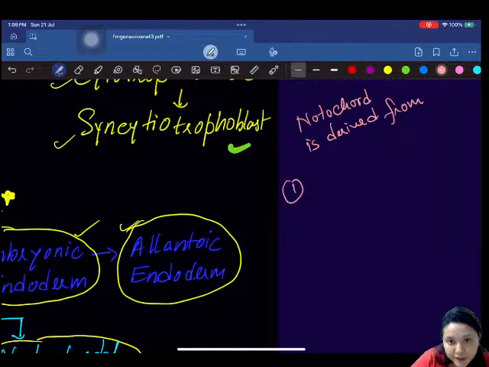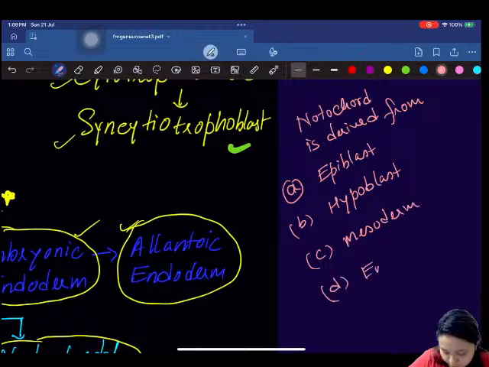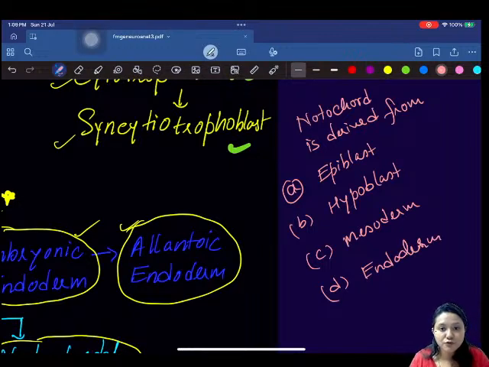Again they have given the options epiblast, hypoblast, mesoderm, and endoderm. Now they have mentioned mesoderm and endoderm. So what is the correct answer here?